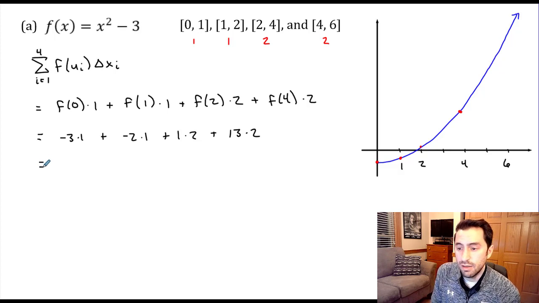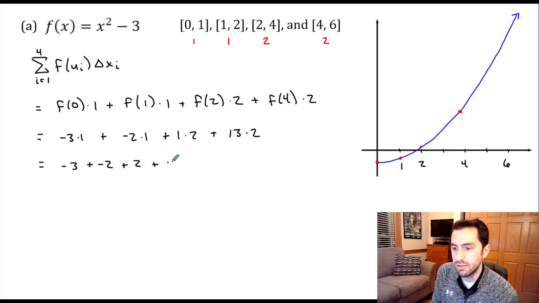Now multiplying these together and then adding them, we have negative 3 plus negative 2 plus 2, and finally plus 26. That's going to give us a grand total. The 2's cancel out, and we end up with 23.